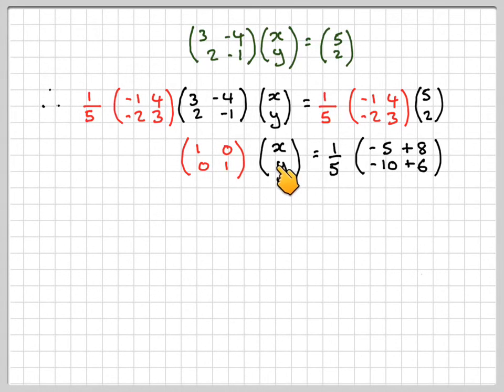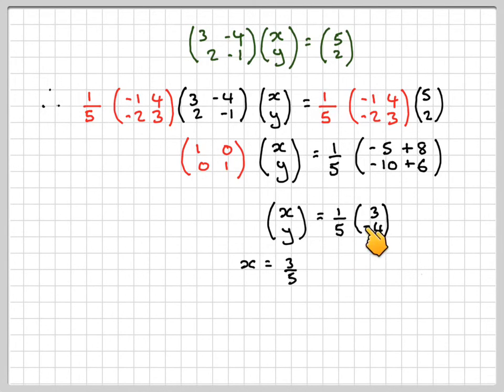The identity times x, y will just give us x, y, and then we're going to get 1/5 of minus 5 plus 8, which is 3, and minus 10 plus 6, which is minus 4. And then finally, we can write down that x is 3 over 5, and y will be minus 4 over 5. It's important that you don't take that fraction in right until the last moment.